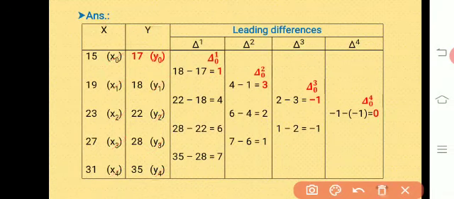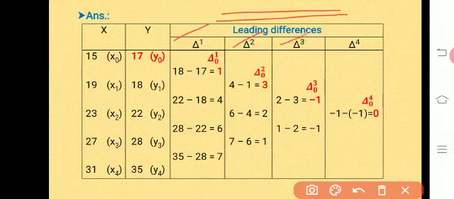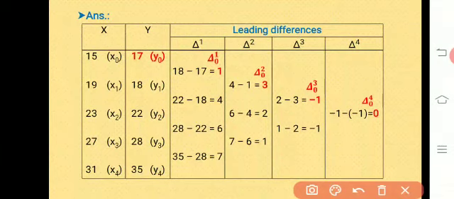Then we have to find the leading differences, that is delta raised to 1, delta square, delta raised to 3 and delta raised to 4 we have to find. Now we will see how to find delta raised to 1.